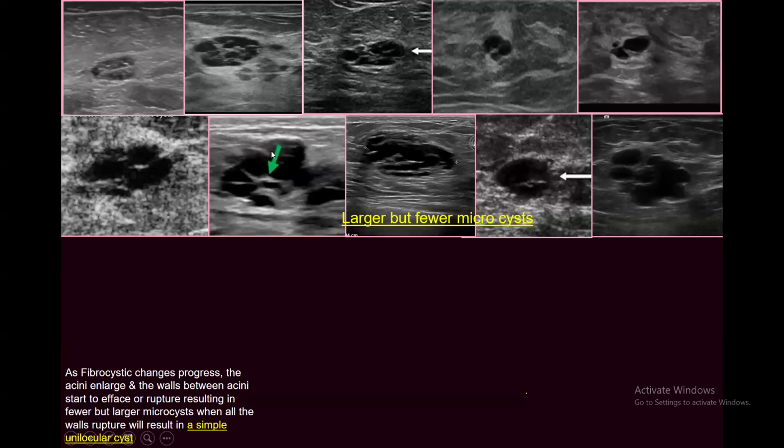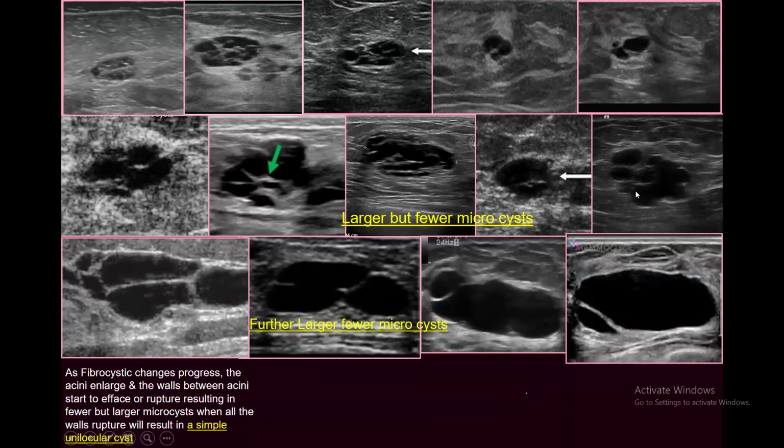What is happening? What happened for this? The wall of the acini is either effaced or ruptured. You see, ruptured in between, forming a larger cyst. But still, we can see some of the wall of these acini.